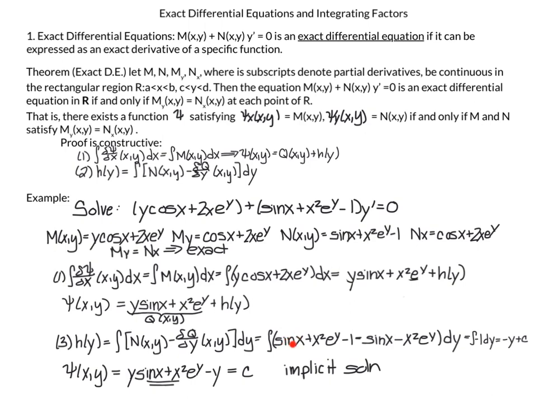But you can see that this term will cancel with this sine of x, and this term will cancel with this x squared e to the y. So all I'm left with is this negative 1, which just integrates to minus y plus c. So now my psi equation is y sine of x plus x squared e to the y minus y, and that all equals c. And this is my implicit solution.